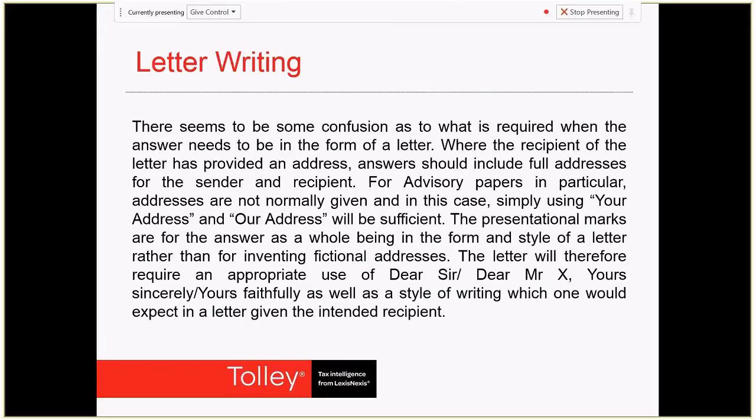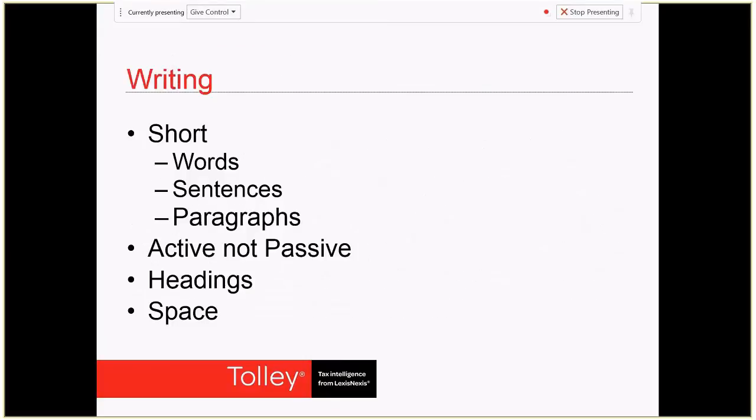Keep it short and snappy. Don't repeat yourself, because you only get the marks once. So you say it once and only. Keep it nice and short and snappy. Put in lots of headings, leave lots of space. What I say to my students is, get your 20 points down, leave lots of space, and then you can start expanding on each of those points.